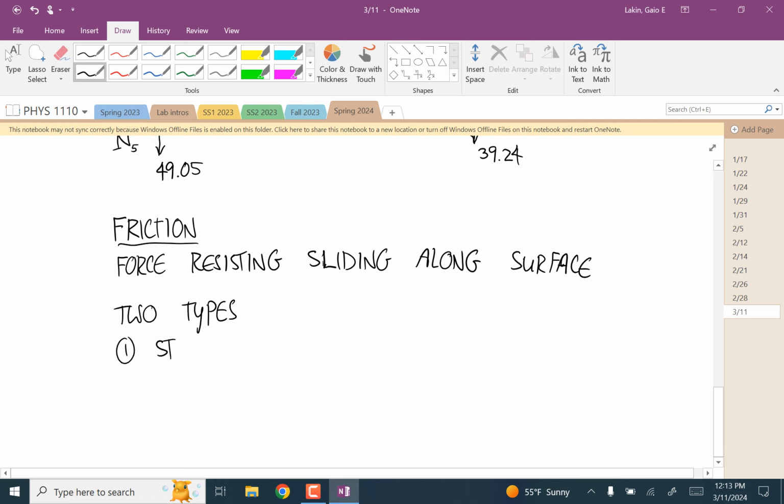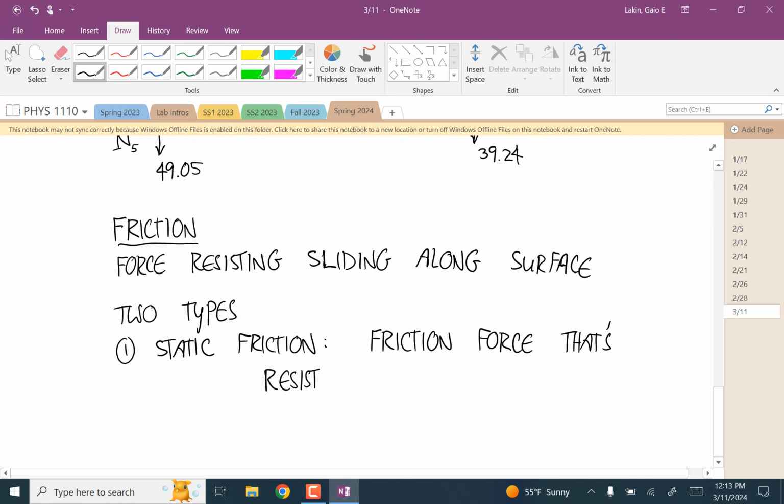The first one is called static friction. Static means still, not moving. So static friction is a friction force that resists sliding in an object that's currently at rest.